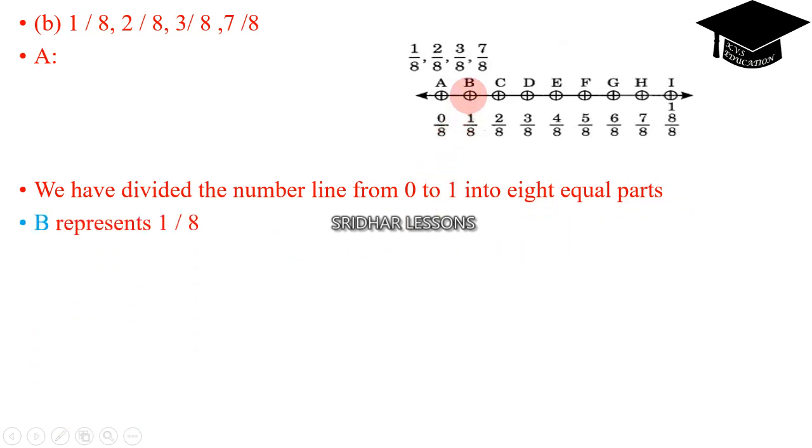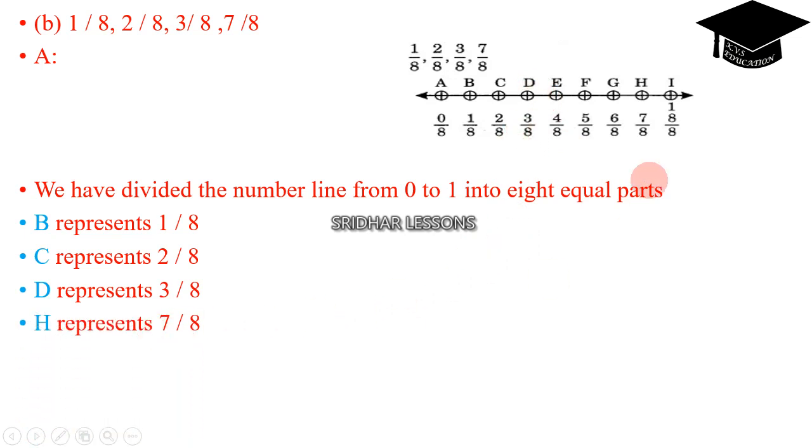So here B represents 1 by 8. 0, 1, 2, 3, 4, 5, 6, 7, 8 parts. C represents 2 by 8. D represents 3 by 8. H represents 7 by 8.